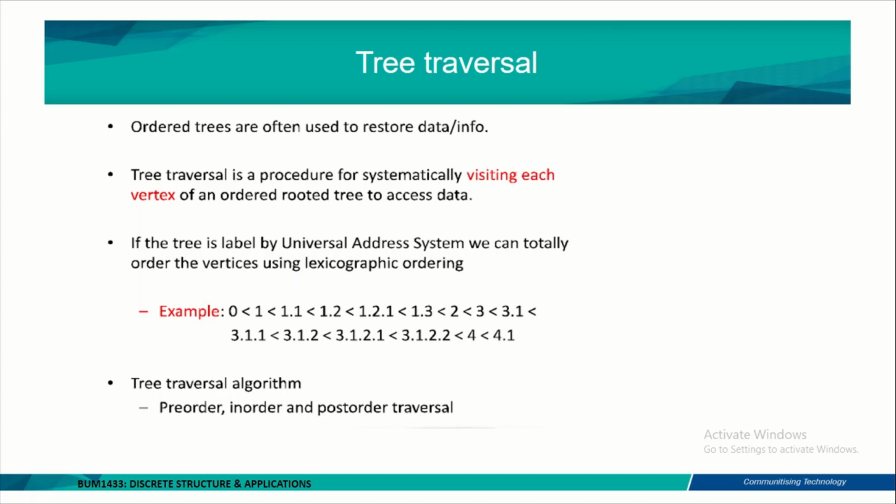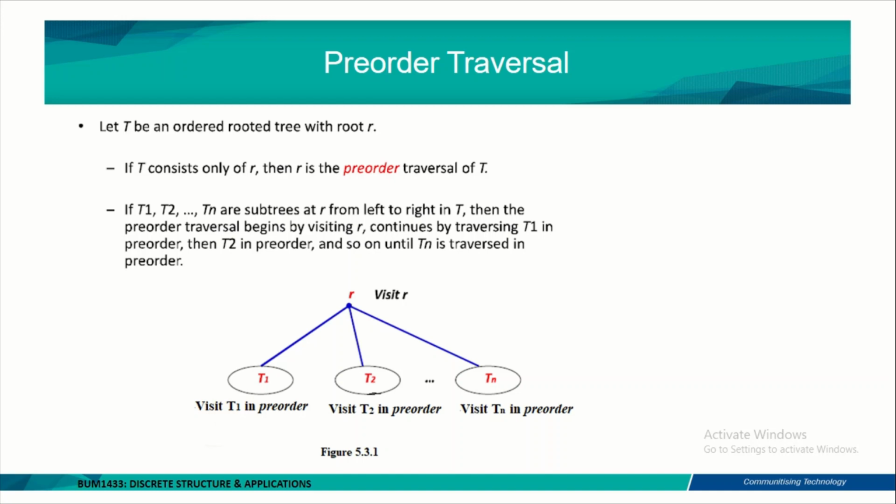So let's see the pre-order traversal. Let T be an ordered rooted tree with root R. If T consists only of R, then R is the pre-order traversal of T. If T1, T2 until Tn are subtrees at R from left to right in T, then the pre-order traversal begins by visiting R. Continue by traversing T1, then T2 and so on until Tn is traversed in pre-order.